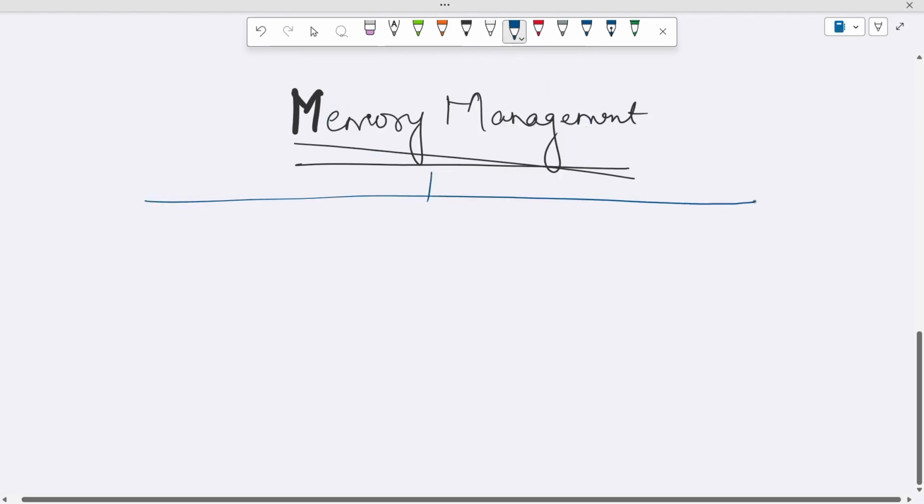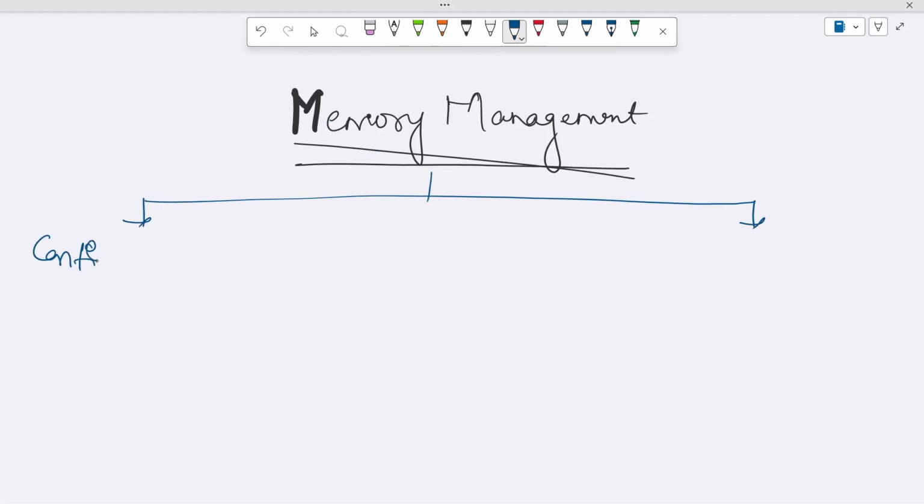This is divided into two parts: contiguous memory management, and the second is non-contiguous.